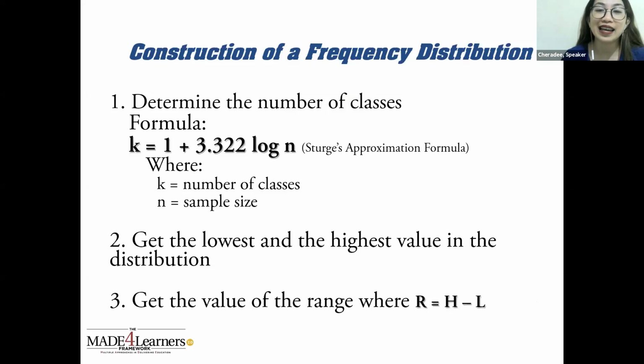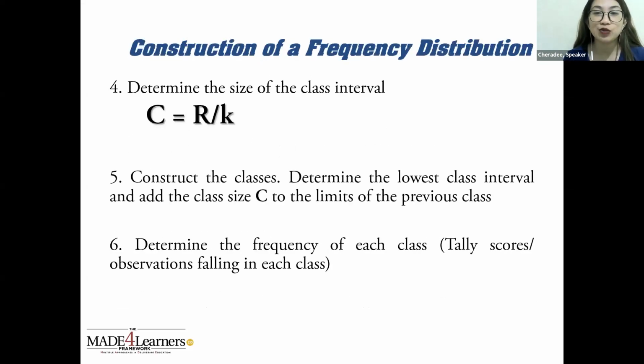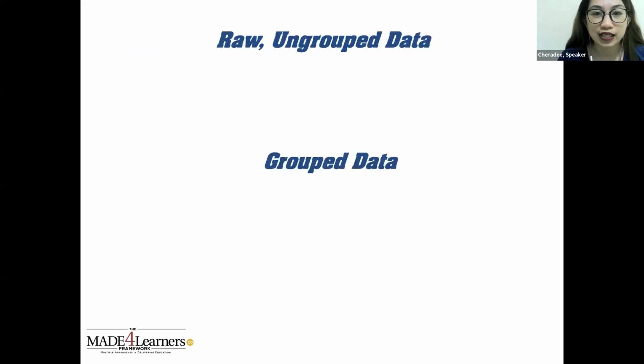You get the lowest and the highest value. Then you get the range, which is highest minus lowest. Then determine the class size, which is r over k, construct the classes, then determine the frequency and tally the scores.